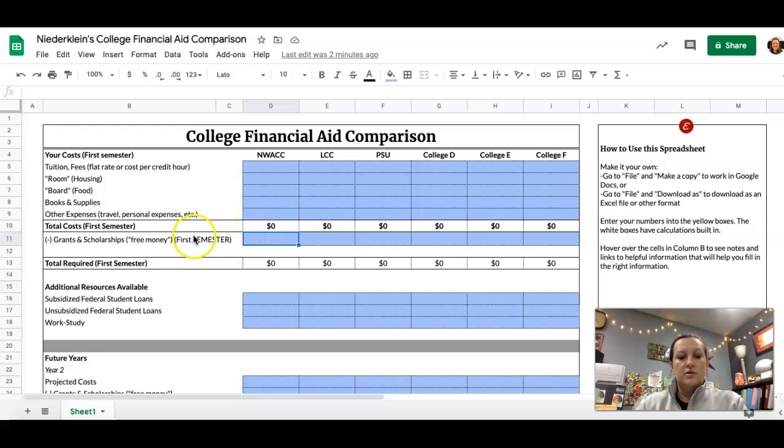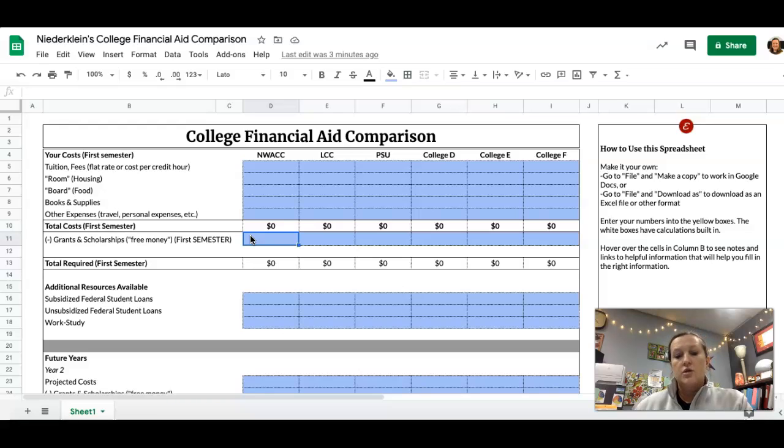Please keep in mind whenever you look at your student aid report, those numbers will be for the entire year. This is categorized by semester. So whatever your total is, you would need to divide that by 2 for first and second semester.